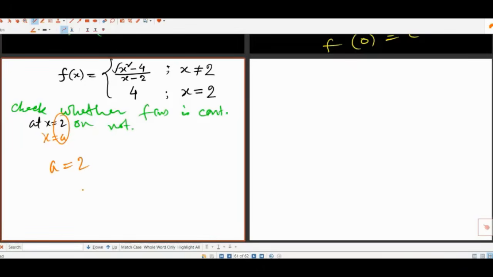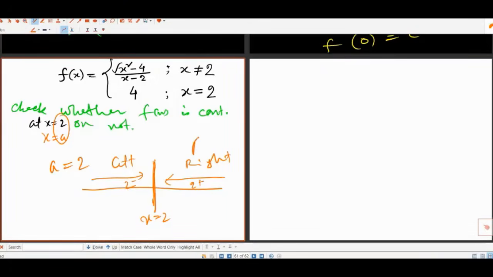Now, whenever we are talking about limits, the right-sided limit, left-sided limit, and the equal part come to our mind. Here x equals 2 is present, so the rightward part will be 2 plus, and the leftward part will be 2 minus.